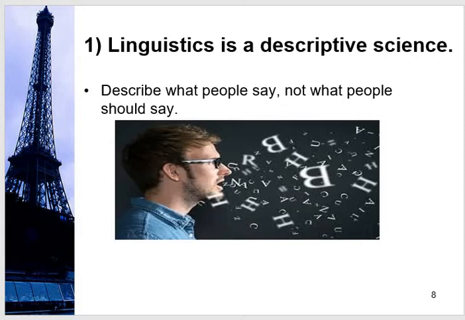Don't teach people how they should speak or what their language should be. So don't live in a futuristic or idealistic world. Try to conduct linguistic experiments on what's happening, how language is changing, and how people present language.